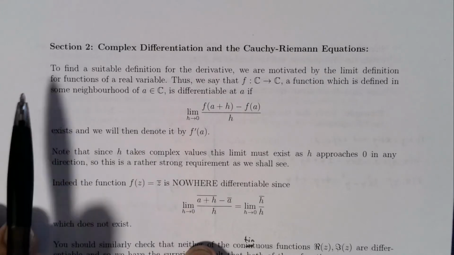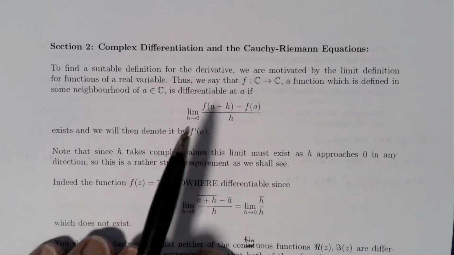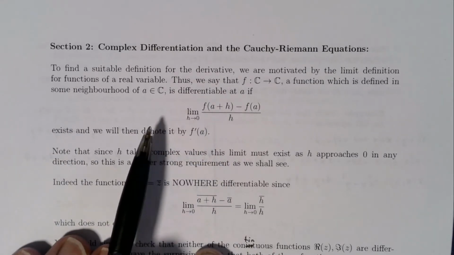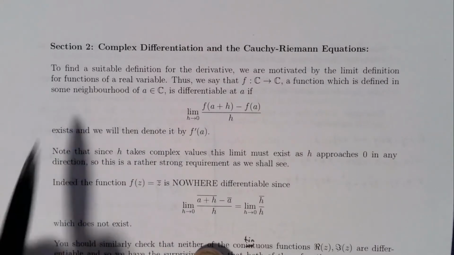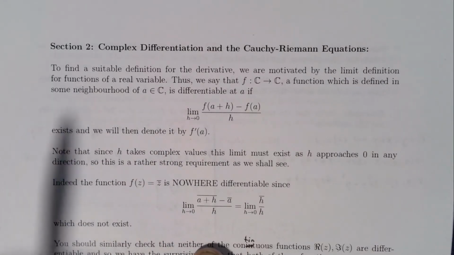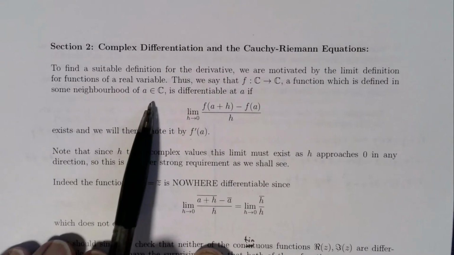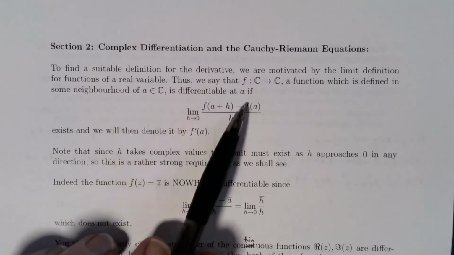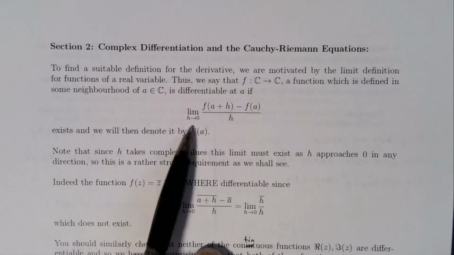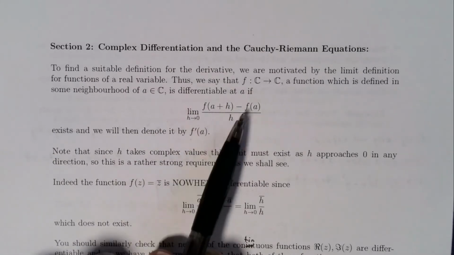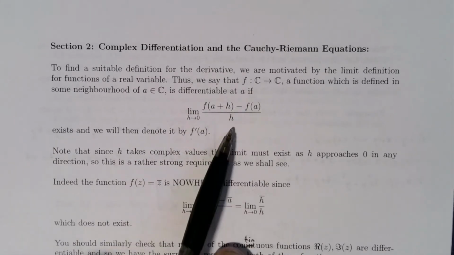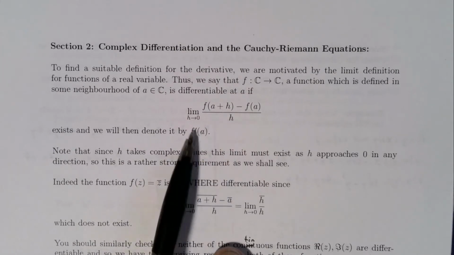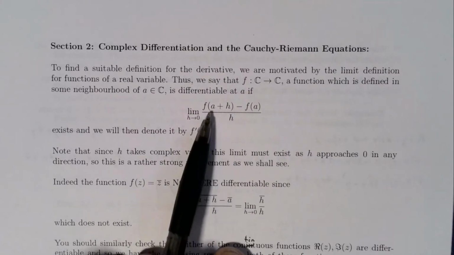So we're going to say that a function f mapping the complex numbers into the complex numbers, which is defined in some neighbourhood of a point a in the complex numbers, is differentiable at a if the limit of f of a plus h minus f of a over h exists as h goes to 0. Now the difference here is, of course, that h and a are now complex numbers.